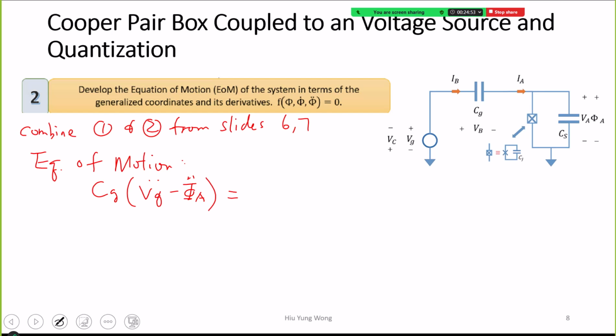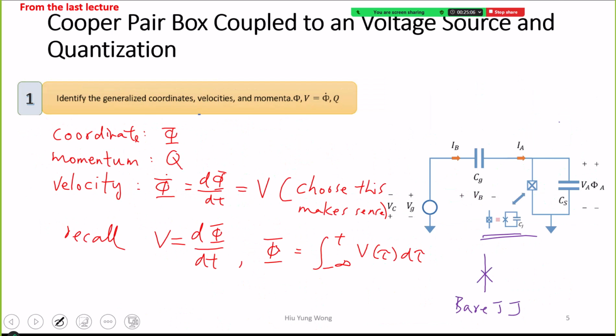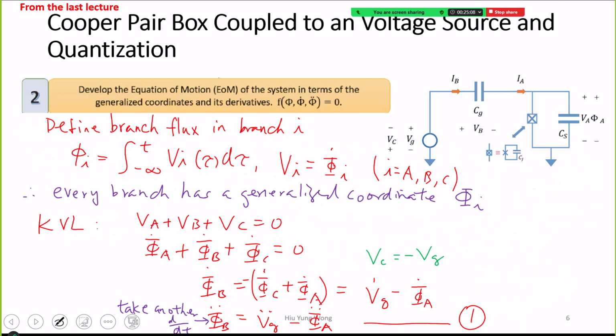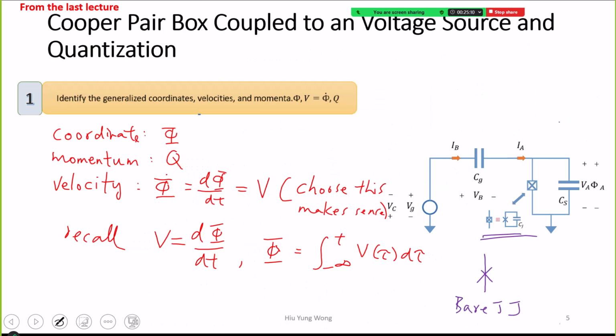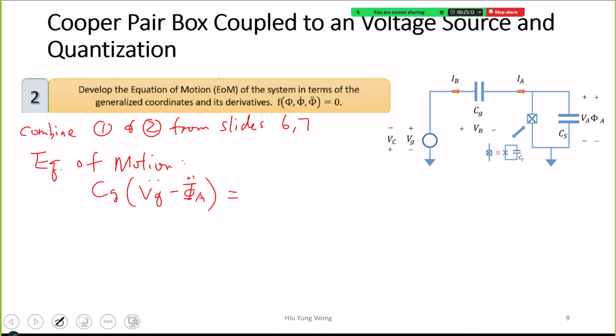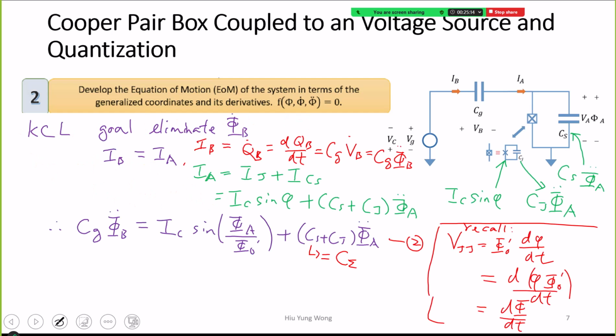So sorry, did I make a mistake? Yeah, I have a mistake on my cheat sheet, but this one should be correct. Did I make any mistake here? I think I'm right. Yeah, should be second derivative for the voltage. Cg flux B dot dot equals to this whole thing, right?